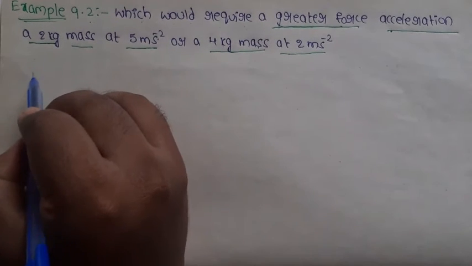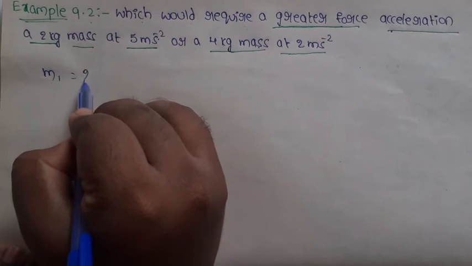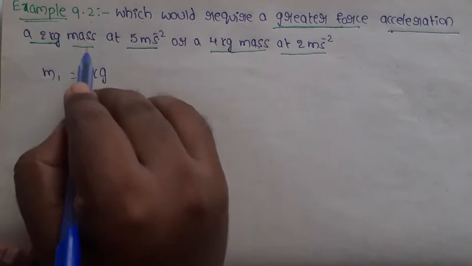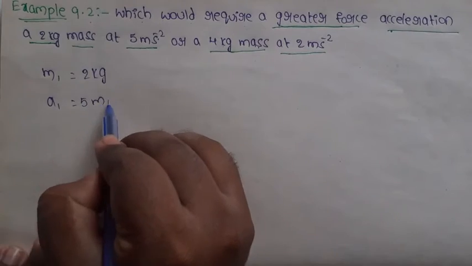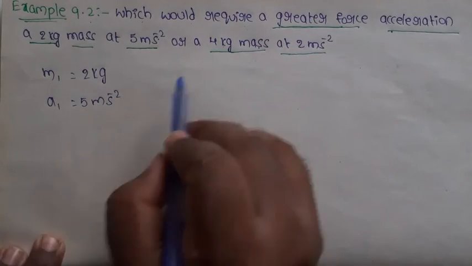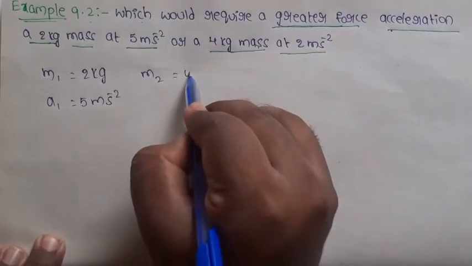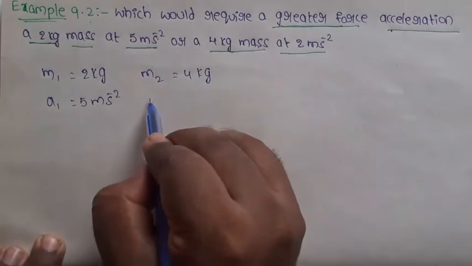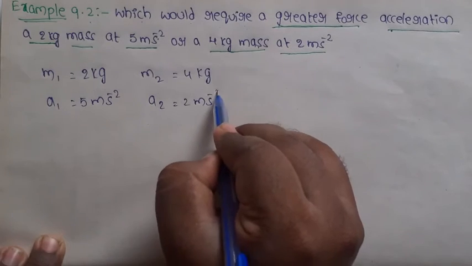First of all, mass m1 is 2 kg, its acceleration a1 equals 5 meter per second square. Next, the second object m2 has mass 4 kg, acceleration is 2 meter per second square.